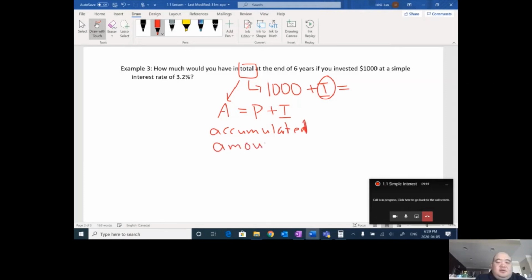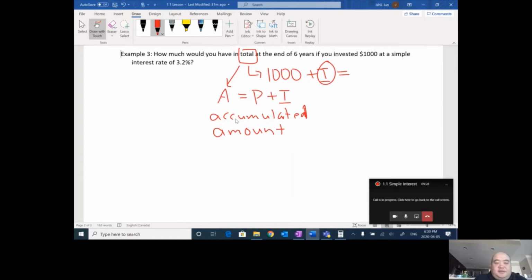Sorry, I got one of the cheaper pens, but it should get better with more practice. Okay, so anyways, total is your principal plus your interest. So it makes sense for this here to figure out what the interest is. Okay, so interest, again, PRT.